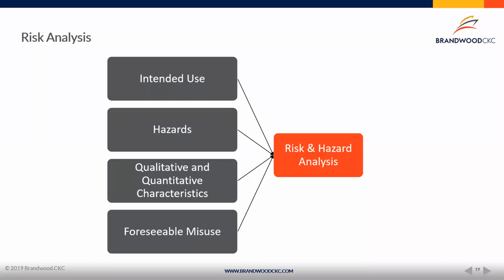But the big one here is the foreseeable misuse. Although you have an intended use, and that's the intention for your device and how it's to be used, we all know that as it goes into the hands of clinicians or naive users, there are ways that people can misuse this device. And 14971 doesn't allow you to just say, well, it's not in the intended use, so therefore we're just going to ignore it.